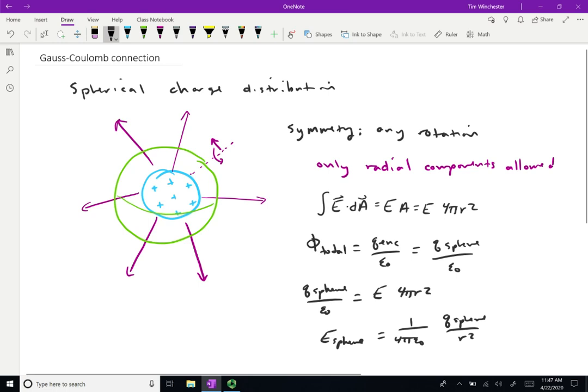Notice that this is basically another way of stating the shell theorem. We know that we can treat any spherical distribution of charge as being concentrated at the center and then use Coulomb's law. And here we see that that is the case for Gauss's law as well.